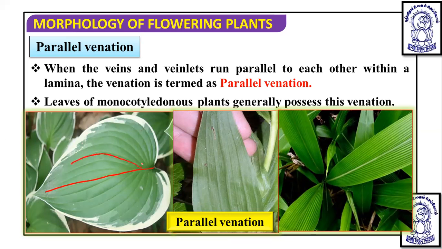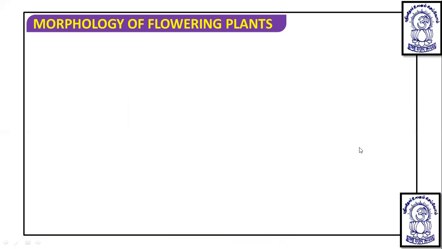You can see all these are running parallel. Here also you can see they are running parallel to each other. Here also this is the midrib and they are running parallel to each other. Then it is known as parallel venation.